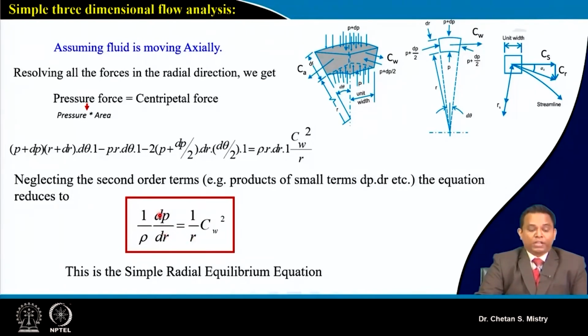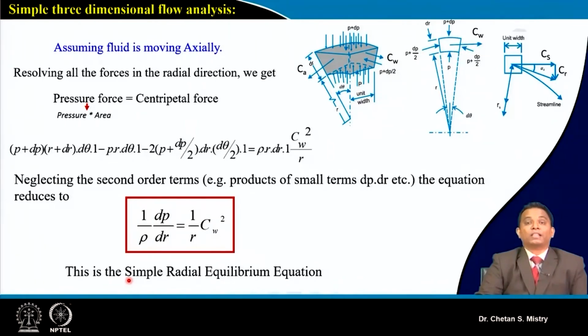You can understand this represents how my pressure is changing along the radius, or how my pressure is changing along the span, and that is known as the simple radial equilibrium equation. This is a very important equation when we are analyzing flow through any turbomachinery.